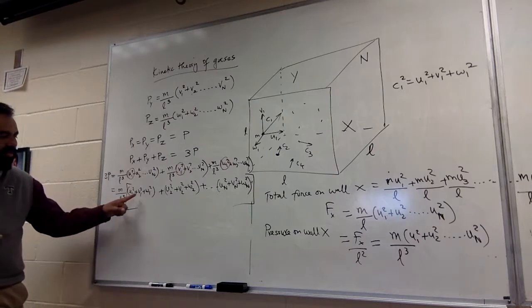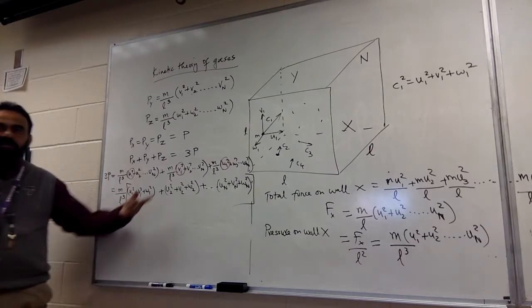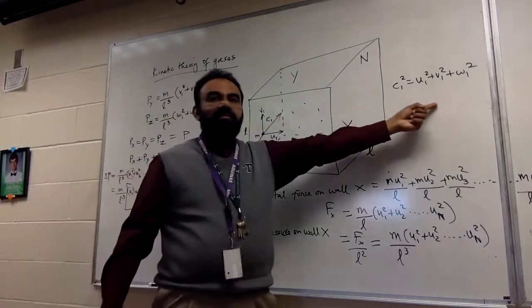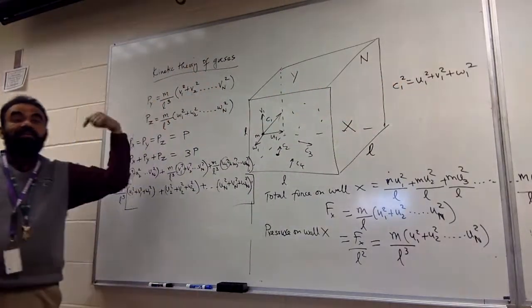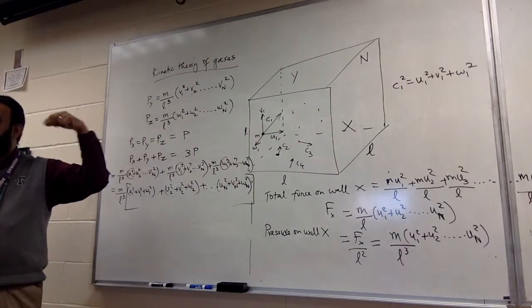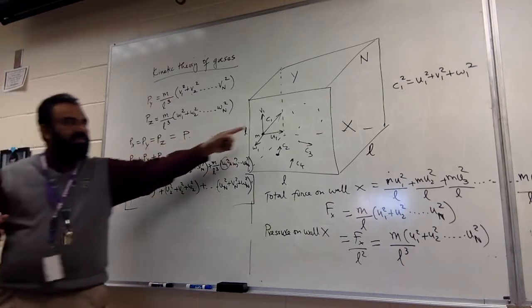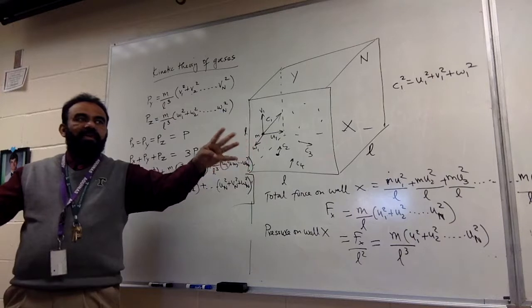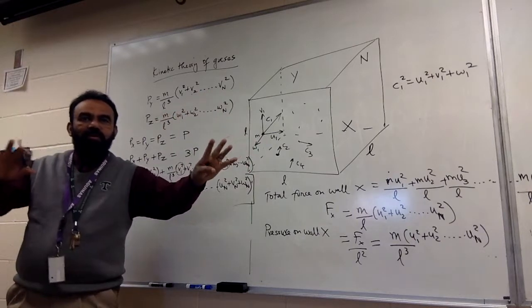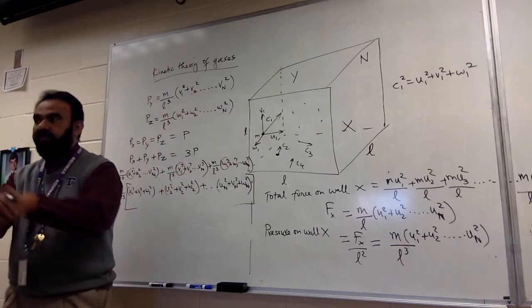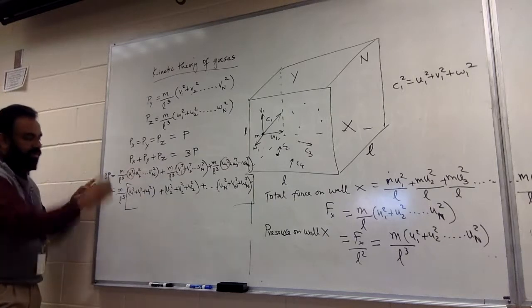And what is u1 square plus v1 square plus w1 square? So we are bringing back the velocity c1, which we split for convenience. You understand now the whole idea? Yeah. We split c1 into 3 components, and we discussed what's happening on each wall. Now you're bringing it all together. And we want our c1 and c2 and all that back again.